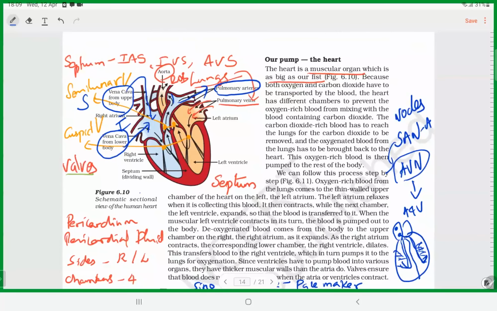One set of contraction and relaxation. What is the technical term for contraction? Systole. Relaxation is diastole. Systole and diastole are the technical terms for contraction and relaxation.